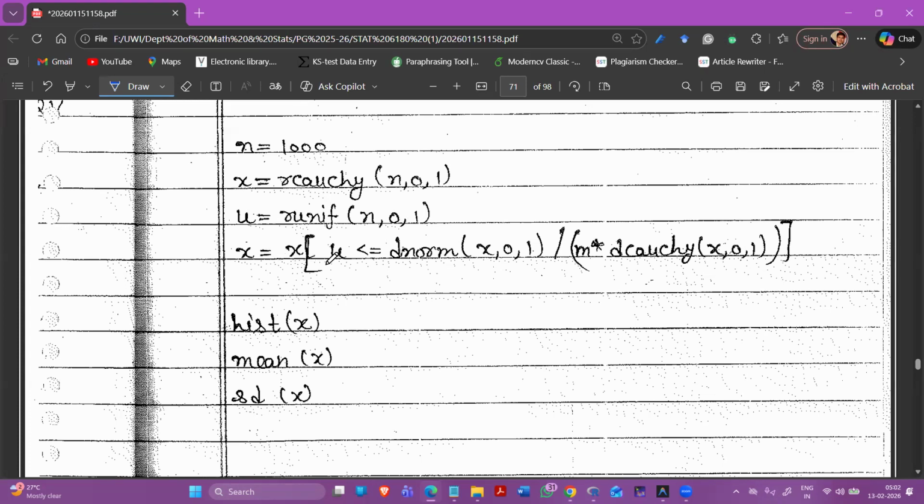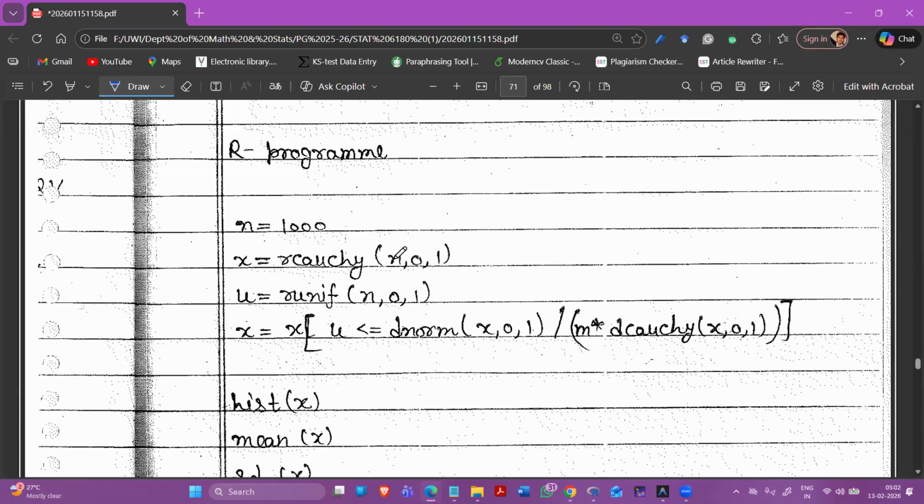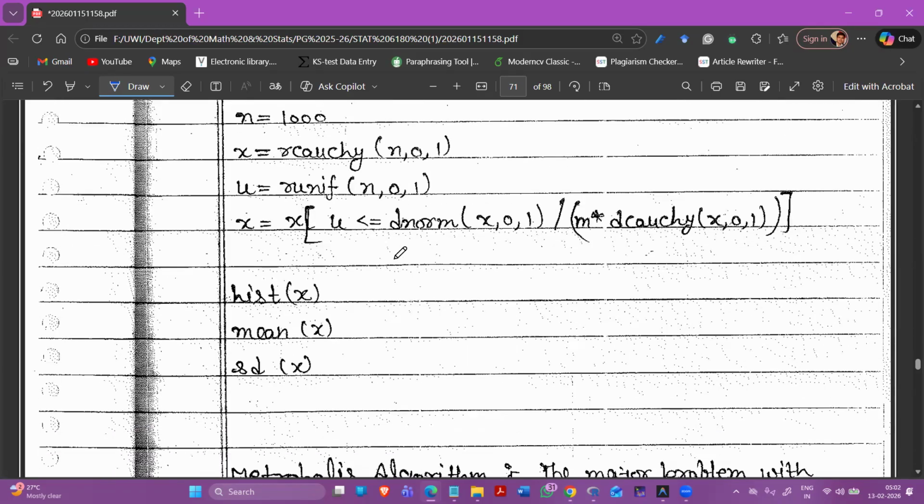X is accepted if x into u is less than or equal to dnorm of x, that you are generating from the Cauchy distribution, standard normal distribution between 0 and 1, and M into, what is your M? M was this one.